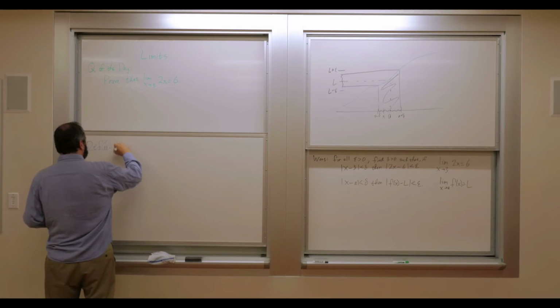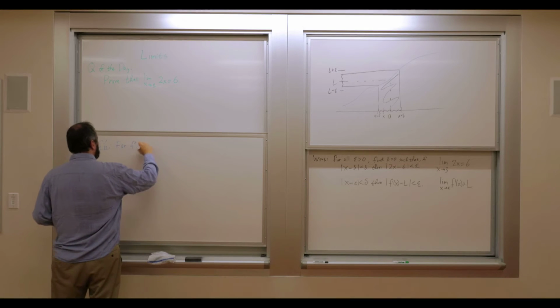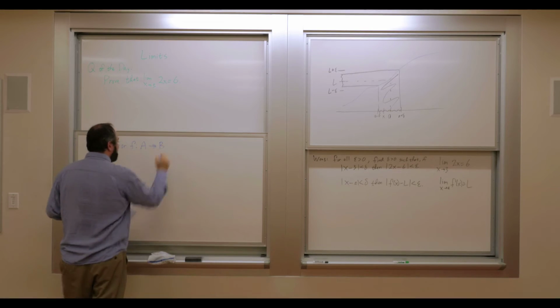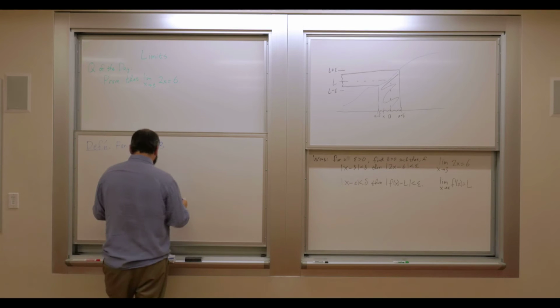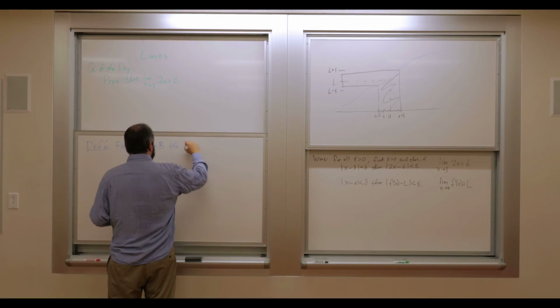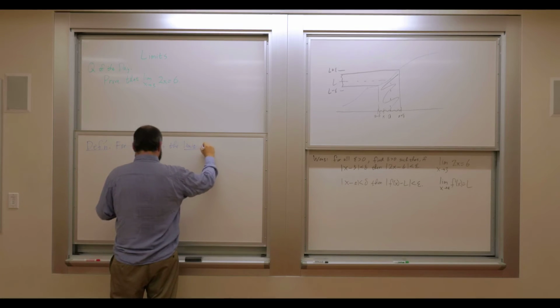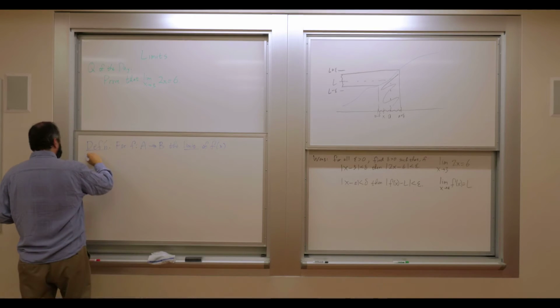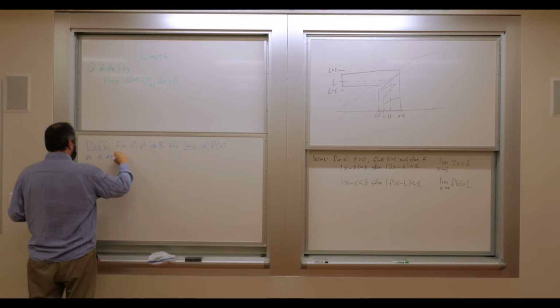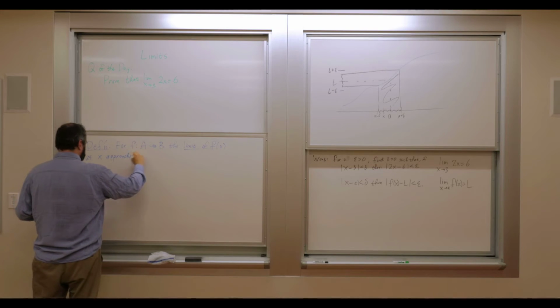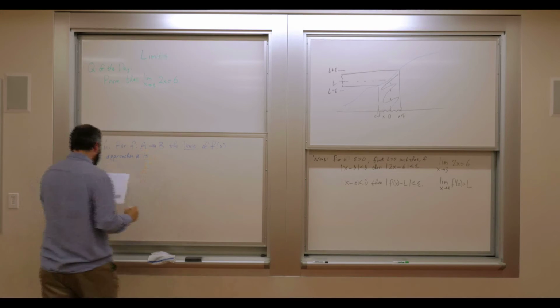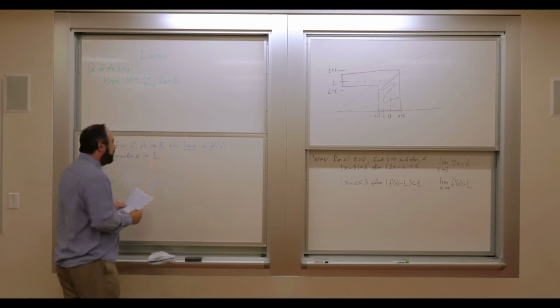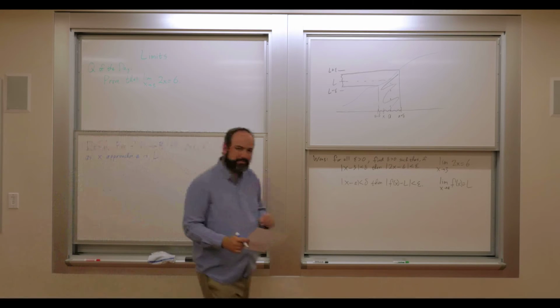So, I've got a function f, which takes elements of A and returns elements of B. Then the limit of f of x as x approaches a is L. What does that statement mean?